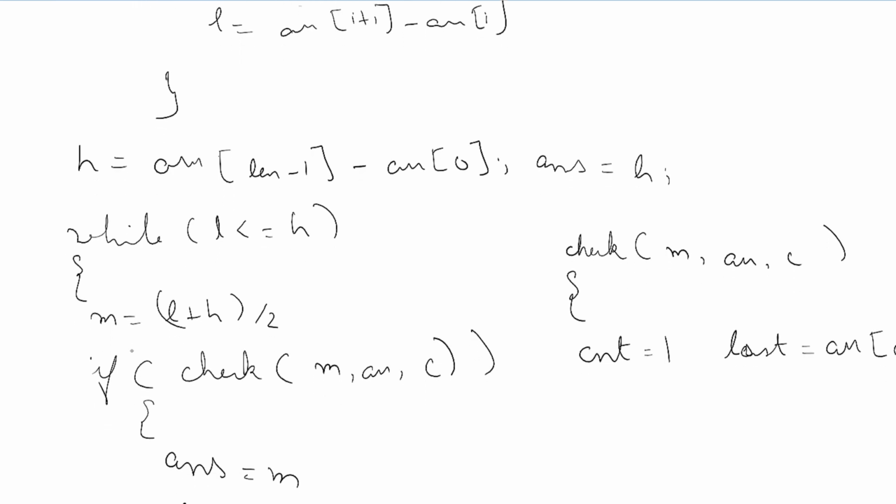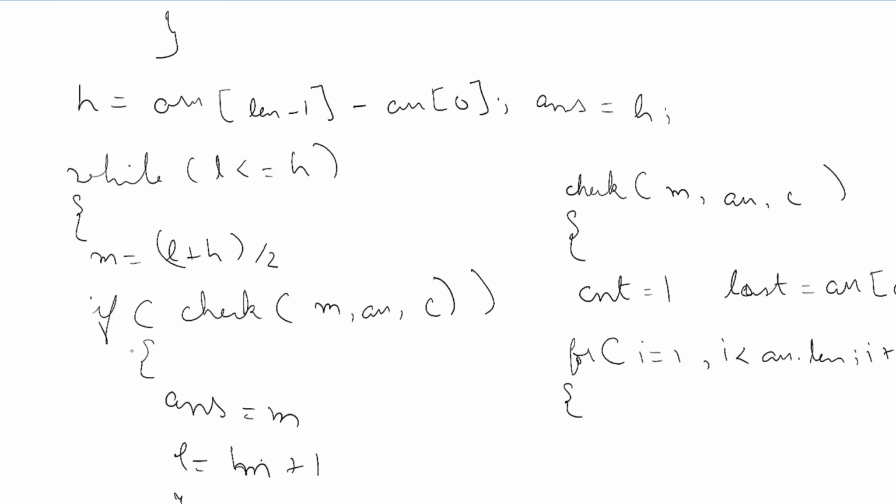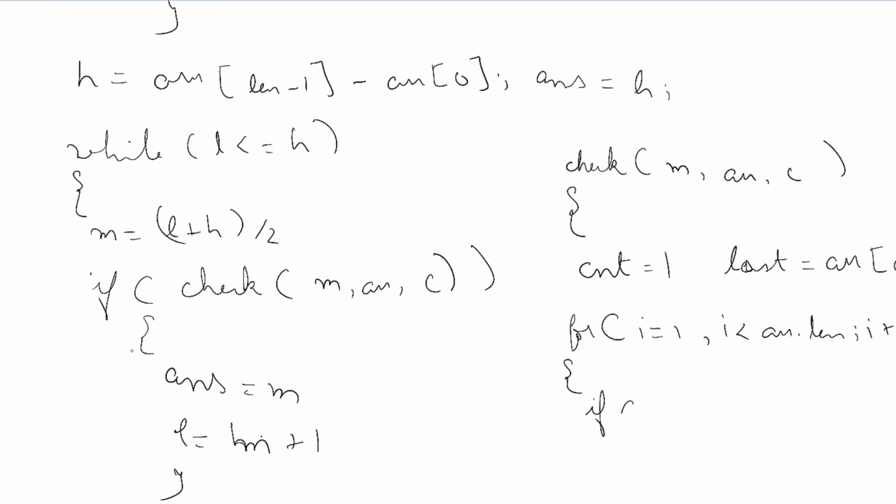Now we need to start for i equals 1, i less than arr dot length, i plus plus.